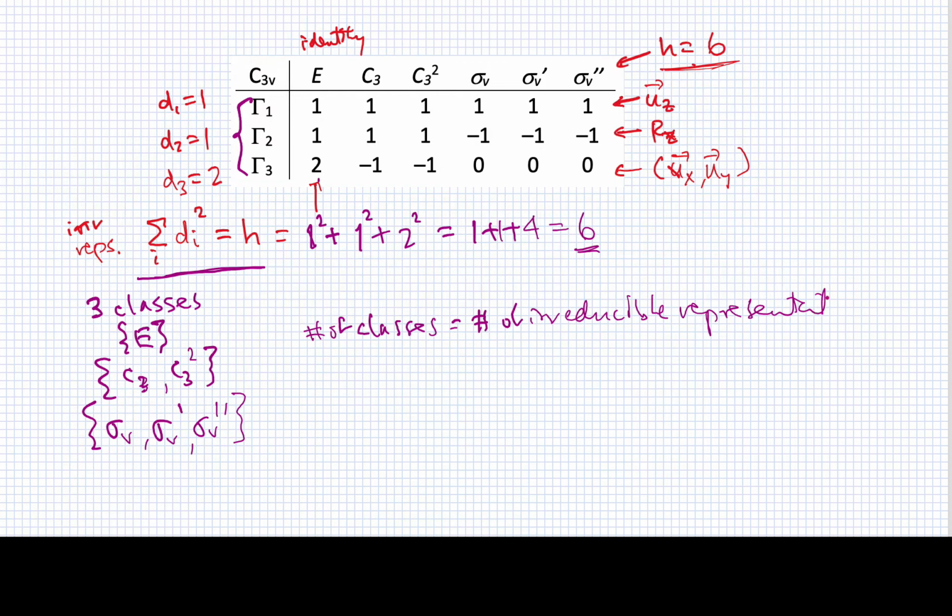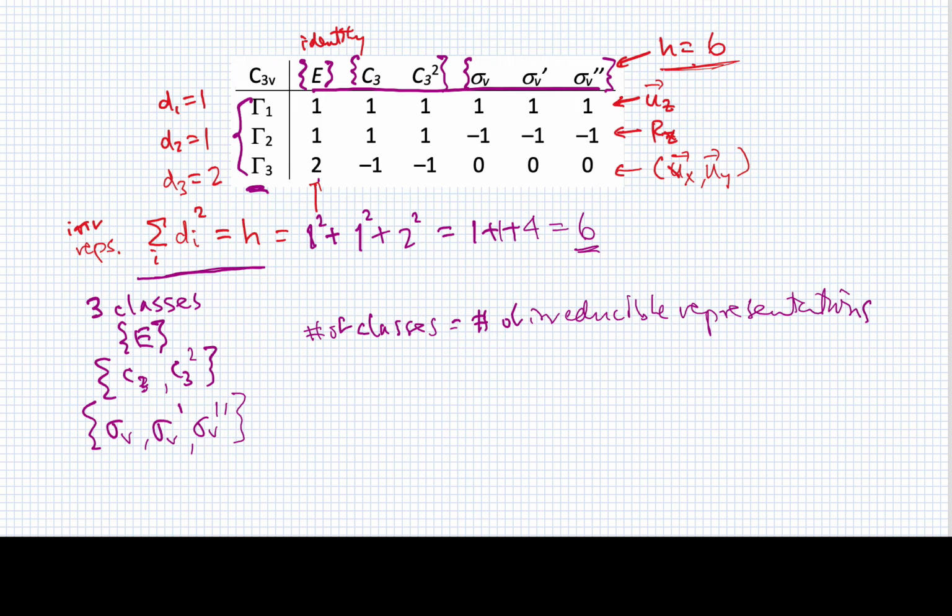Now, the reason I draw your attention to all of these things is that once you've figured out what symmetry operations belong to a certain point group, and you can associate those symmetry operations in classes, as we're doing here, that immediately tells you how many irreducible representations you should have.